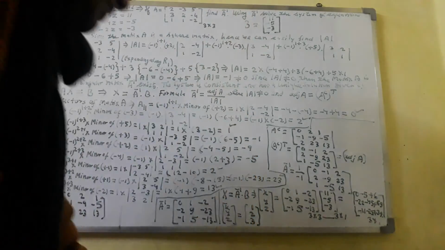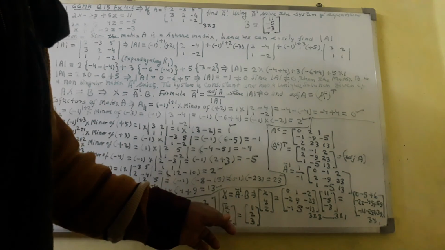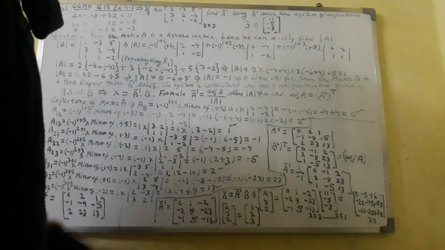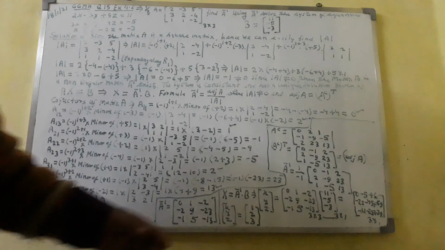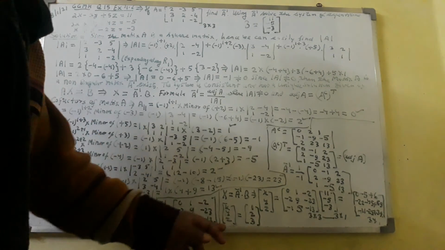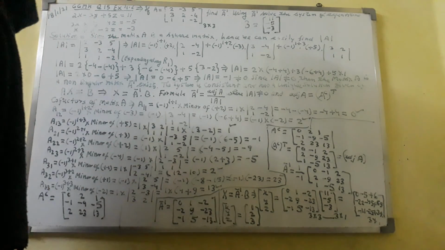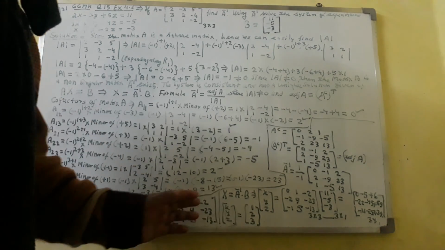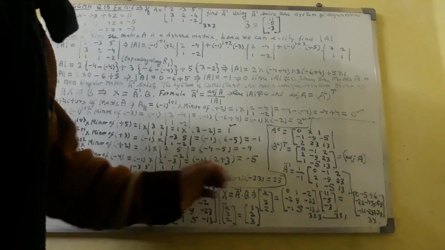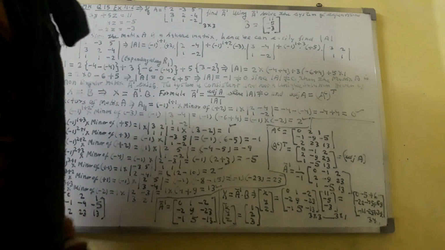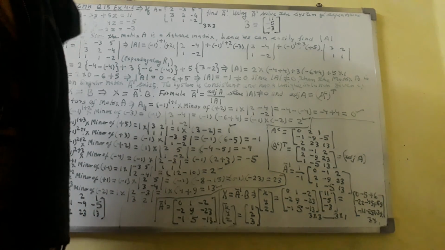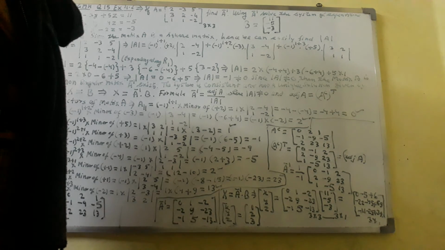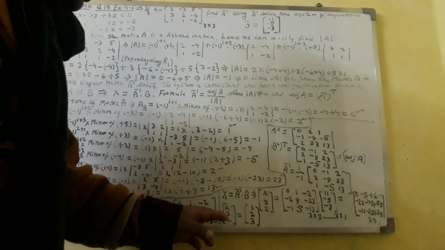So now the result will be respective elements. This is the case of equality of matrices. Both matrices are equal. In case of equality of matrices, the corresponding elements will be equal.